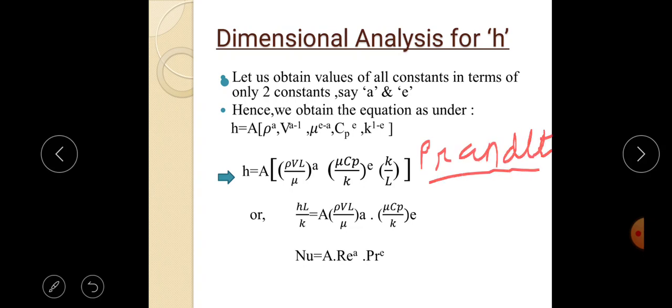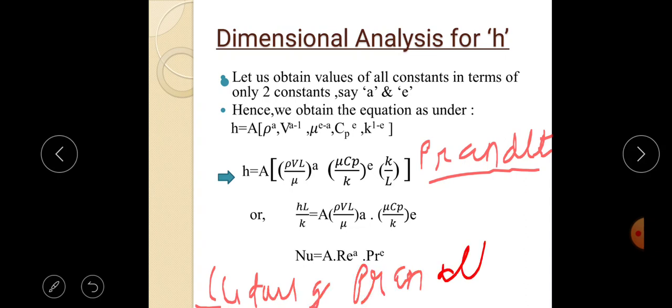So what is the Prandtl number? It is also a dimensionless number, of course, and it is named after the German physicist Ludwig Prandtl.